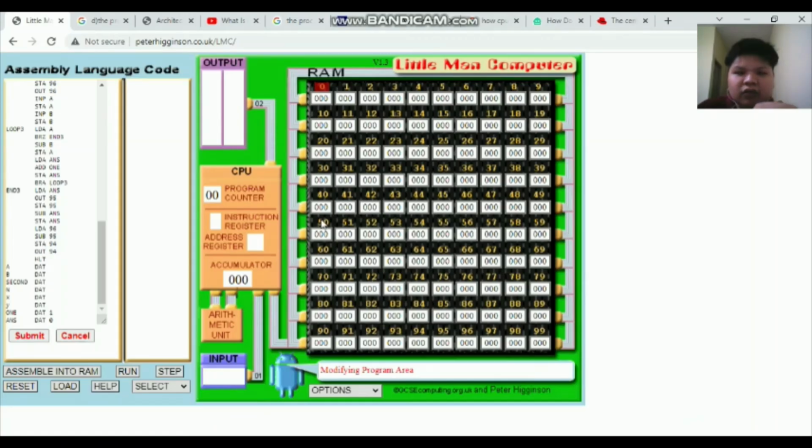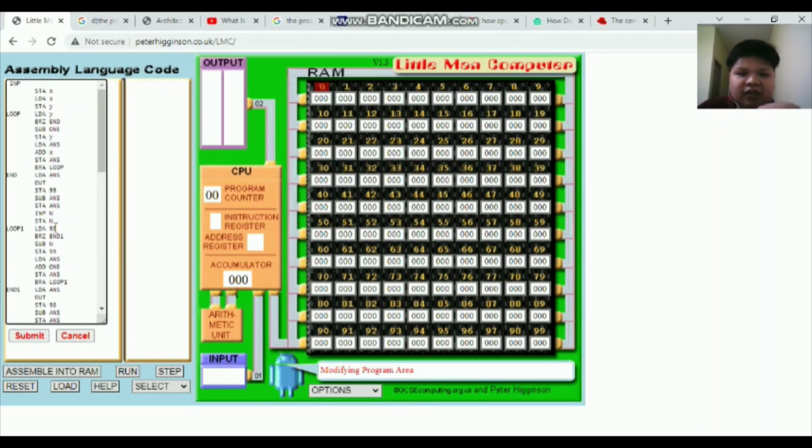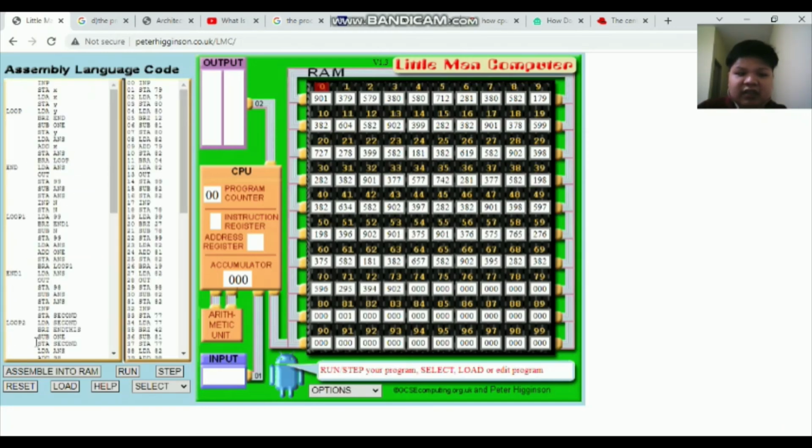I will do the simulation of our assembly language code in a little main computer. First we type the code in here, submit and run, and for the option we select the default fast.